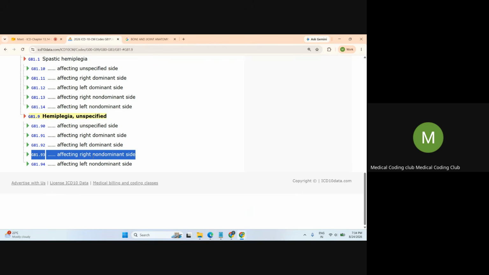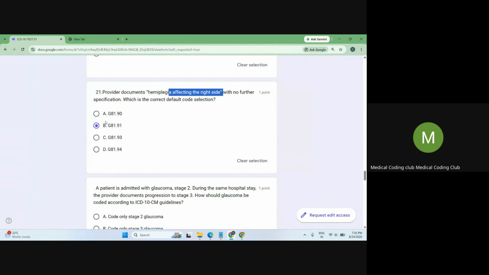Hemiplegia affecting right non-dominant side, because the provider is very sure and he has given you the specification of the dominance. So you have to follow what he says. Only if he is not mentioning the dominance information, then you implement your default rules and code accordingly. Okay, important. So as of now, I will be taking G81.91, following my default rules.